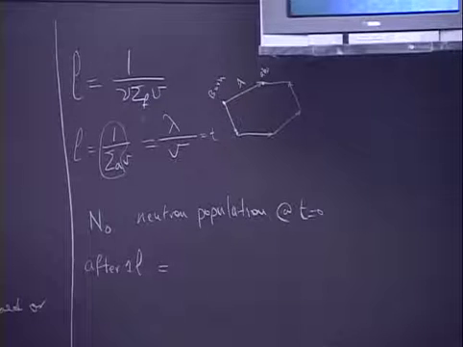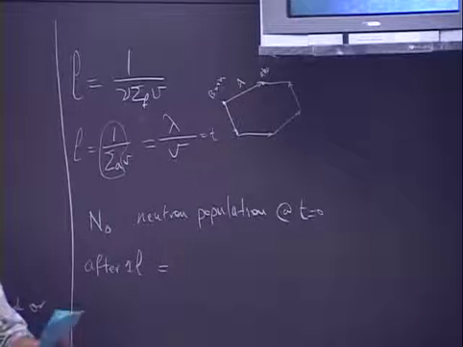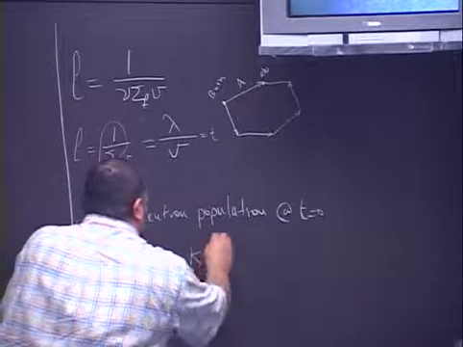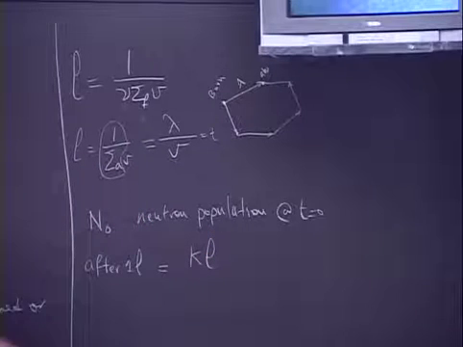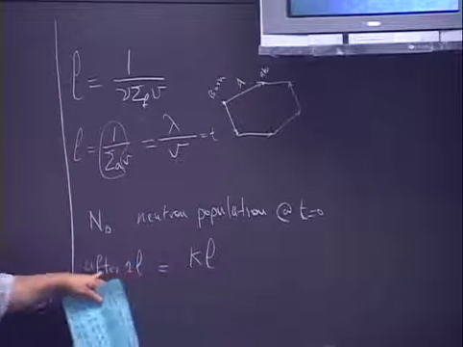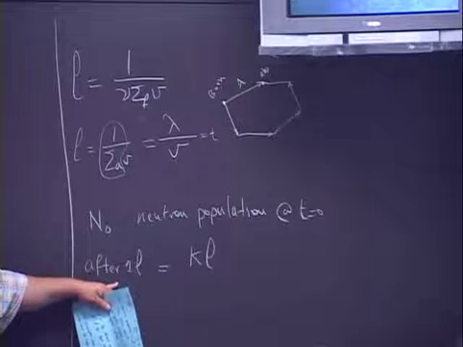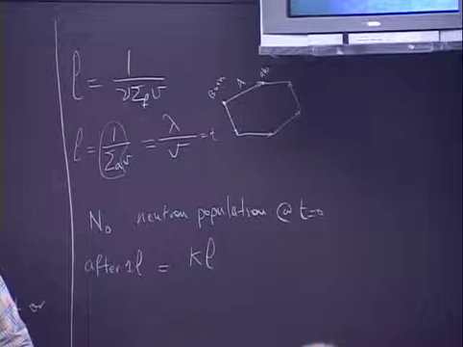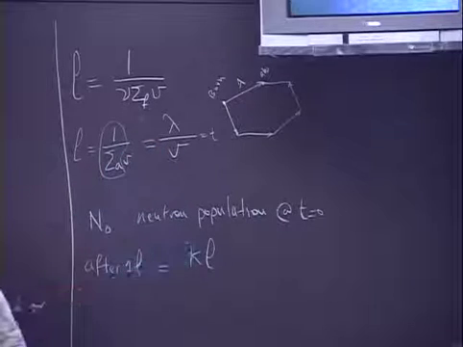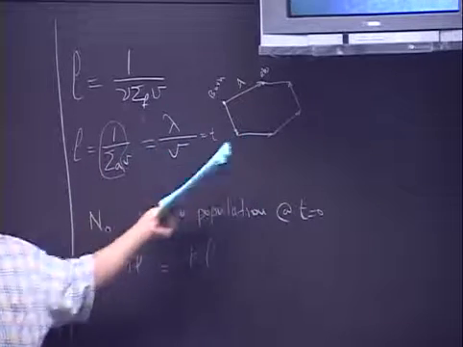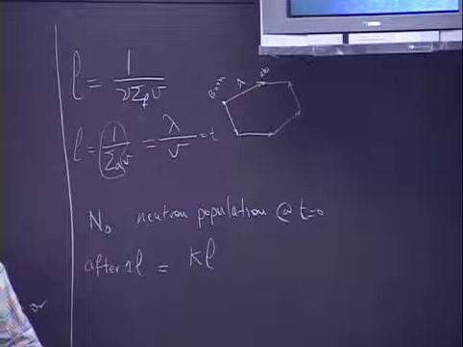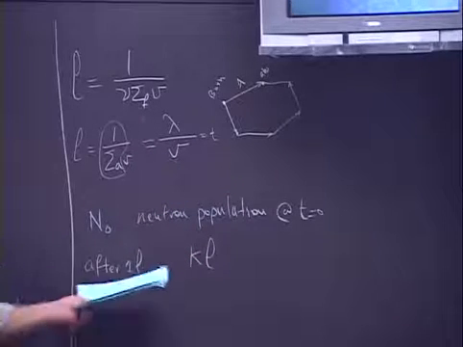After one lifetime, right now we have N naught neutrons in the reactor, so it is K N naught. Did you understand why? Because K, the multiplication factor, is the total number of neutrons at a certain generation divided by the number at the previous generation. The two generations are separated by the average neutron lifetime. The average time, yes, because lambda is the average distance, which is the mean free path. So this is K N naught.